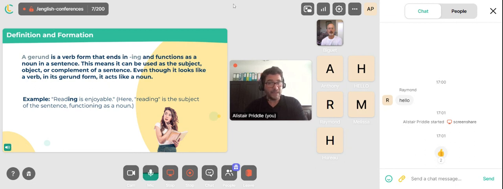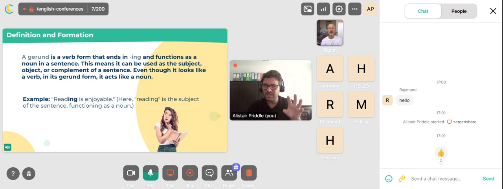Definition and formation. A gerund is a verb form that ends in -ing and functions as a noun in a sentence. This means it can be used as the subject, object, or complement of a sentence.